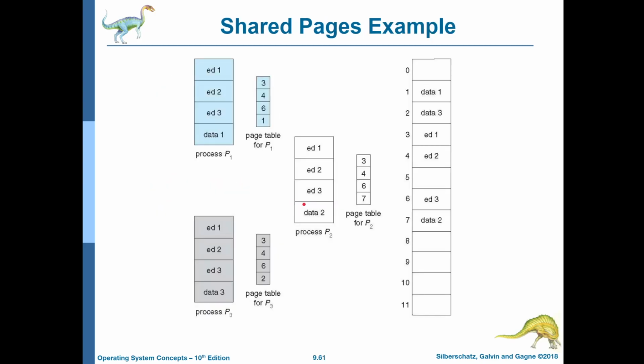Here's an example. We have three processes here: process 1, process 2, and process 3. Now, all the processes share the same first 3 pages. Notice that the page table for process 1 has 3, 4, and 6 in the first 3 page table entries, 3, 4, and 6 for process 2, and 3, 4, and 6 for process 3.